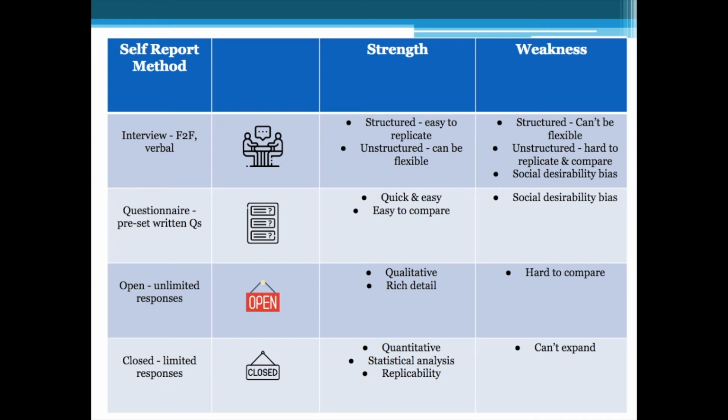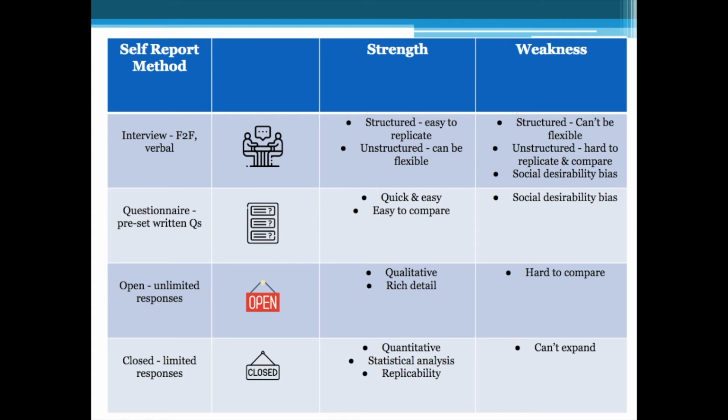Maybe. Open and closed. So open questions tend to give you more qualitative, rich, detailed information, which you might not have looked at, you might not have thought about that, which is really great. However, weakness, those are harder to compare, so it's harder to put those in graphs and charts and do statistical tests on them.